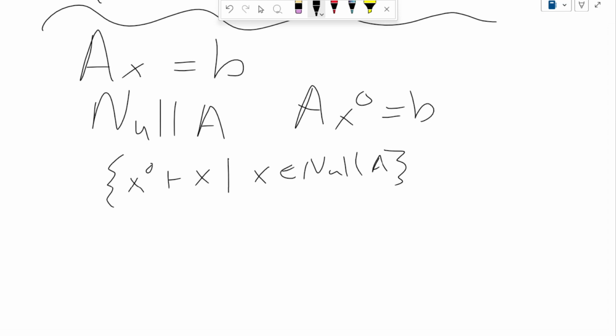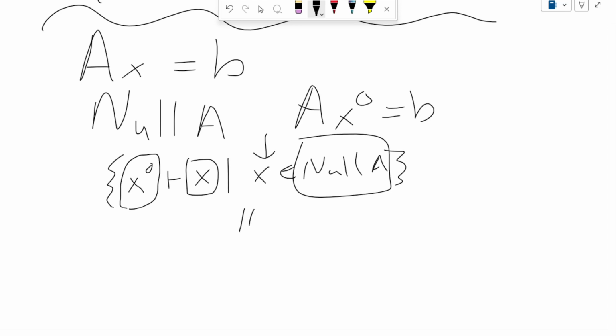So think about what this is. This is just some point, and then this here is just another vector that's in this space. And when I defined this, we actually denote this as x0 plus the null space of A, right? So we're basically taking the whole null space of A and shifting it.